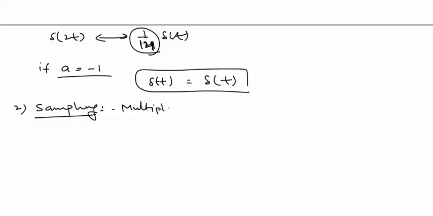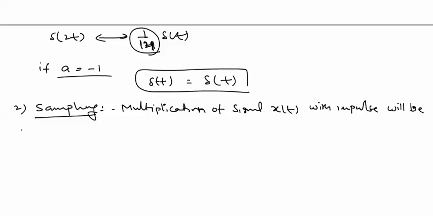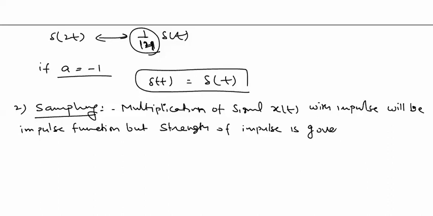Multiplication of signal xt with an impulse will be an impulse function, but the strength of the impulse is governed by xt at the location of the impulse.